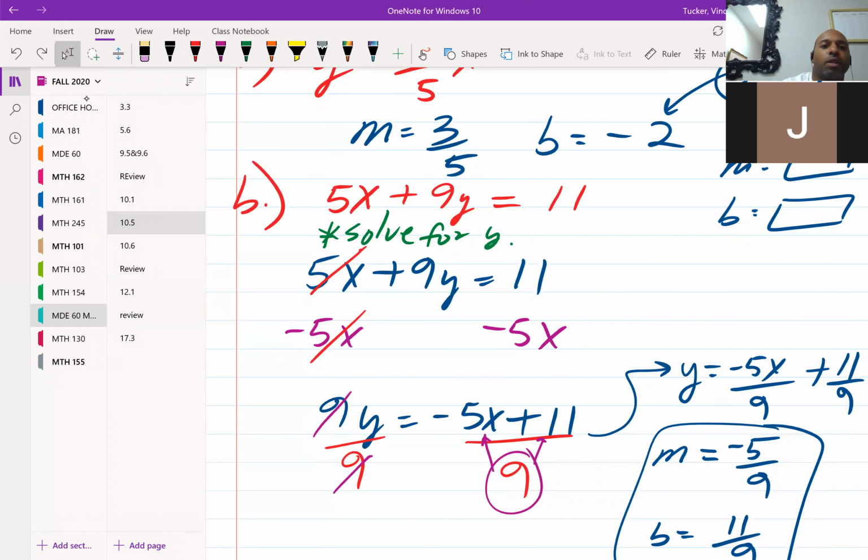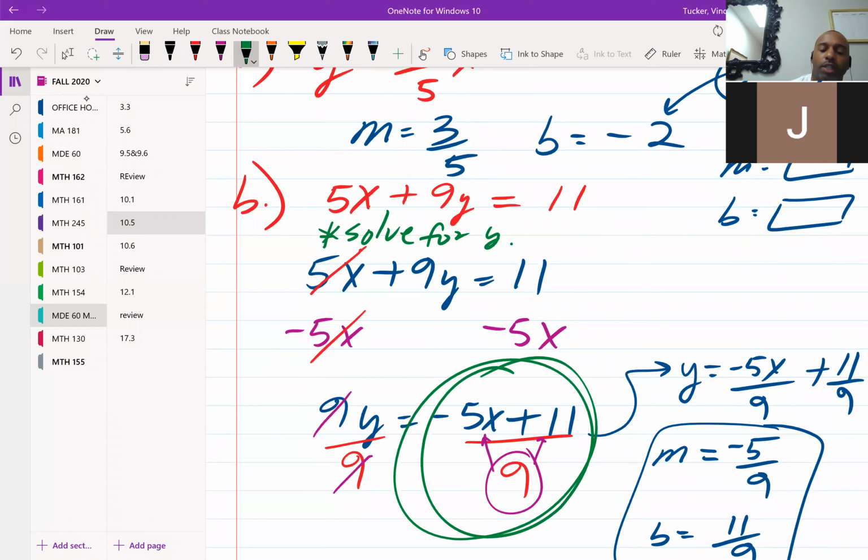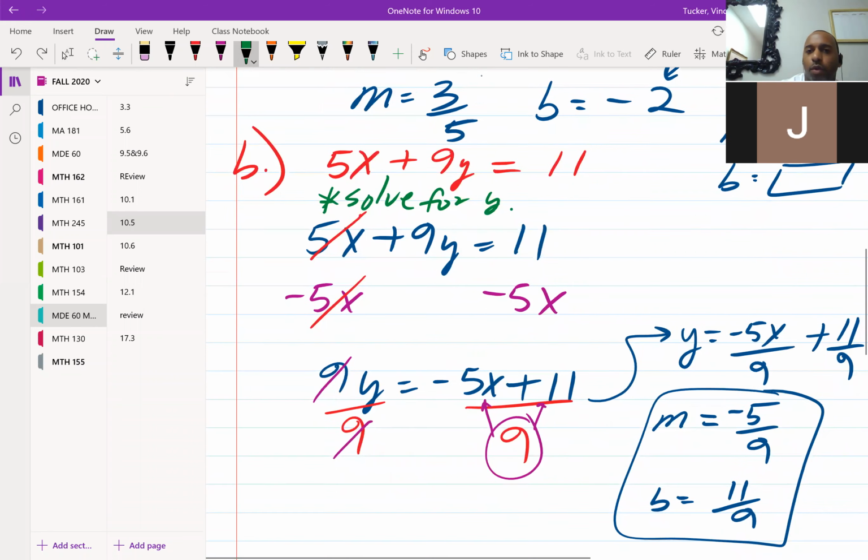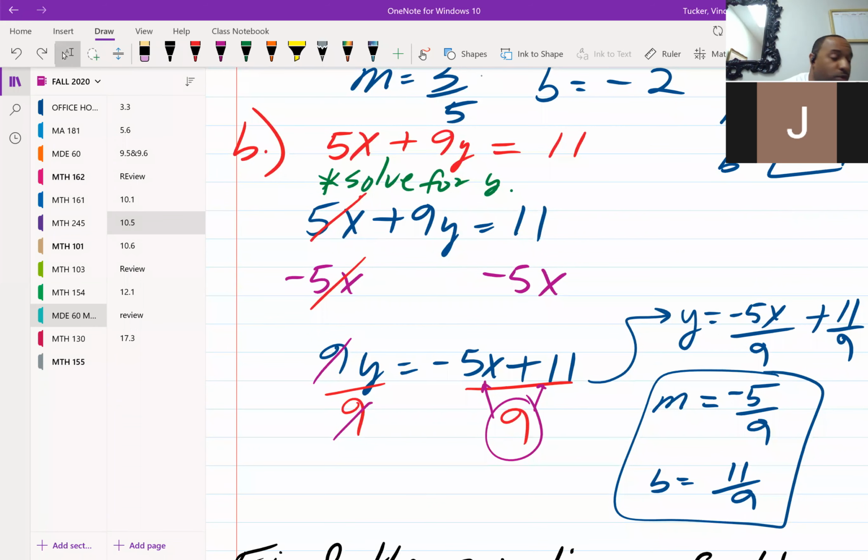Sorry about that. Now we have to divide each term in the numerator. So it's -5x over 9 plus 11 over 9 when we break it up. Then whatever's sitting in front of x is your slope, and the other number is your y-intercept. All right, questions on that?